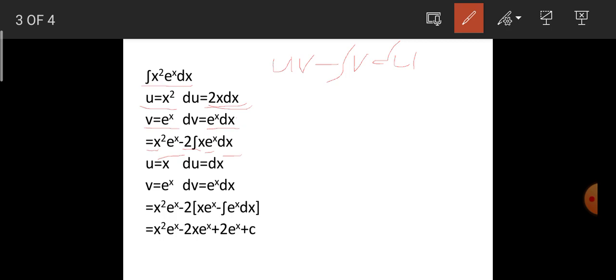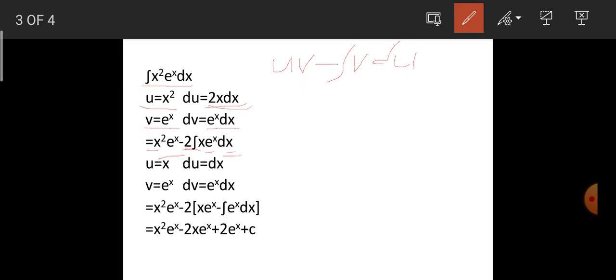We can simply take any whole numbers out of the integral. So that's how 2 is taken out of the integral of 2x dx.